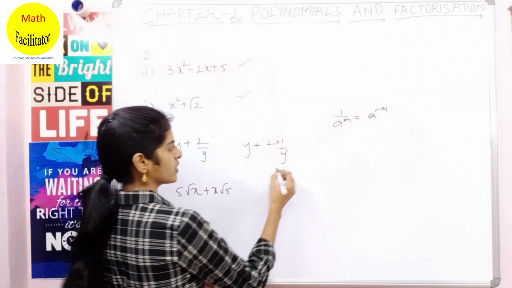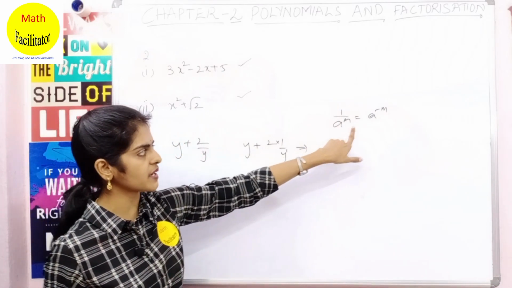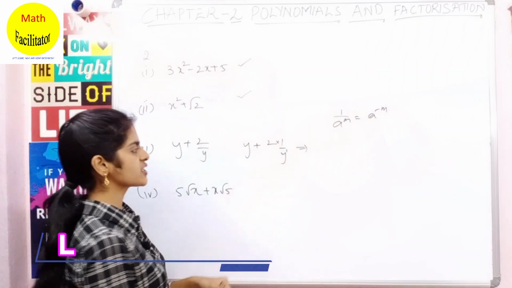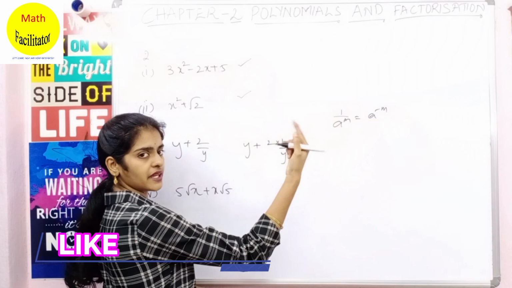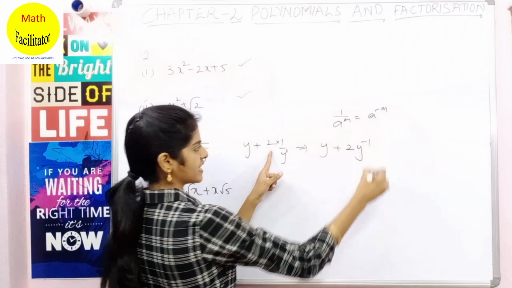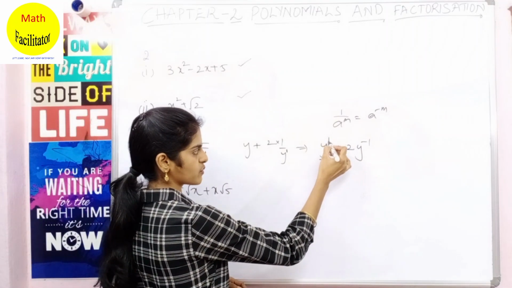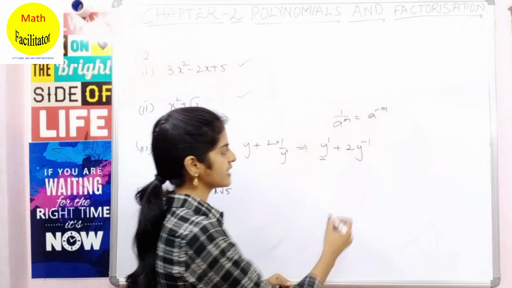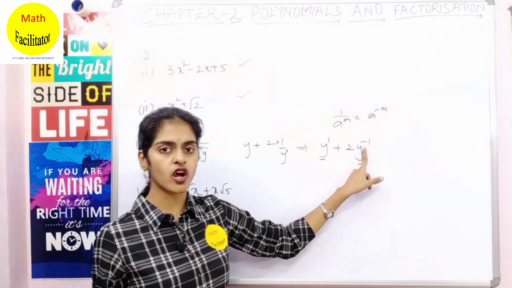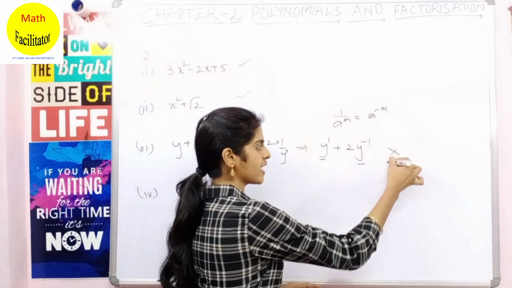So if I want to take y to the numerator using this formula, 1 by a power m is a power minus m, so 1 by y is y power minus 1. The power is 1, so it becomes minus 1. This is y plus 2 y power minus 1. Now you can see the variable y has power 1 here, and here the variable y has power minus 1. Minus 1 is not non-negative, it is a negative integer. So this is not a polynomial.